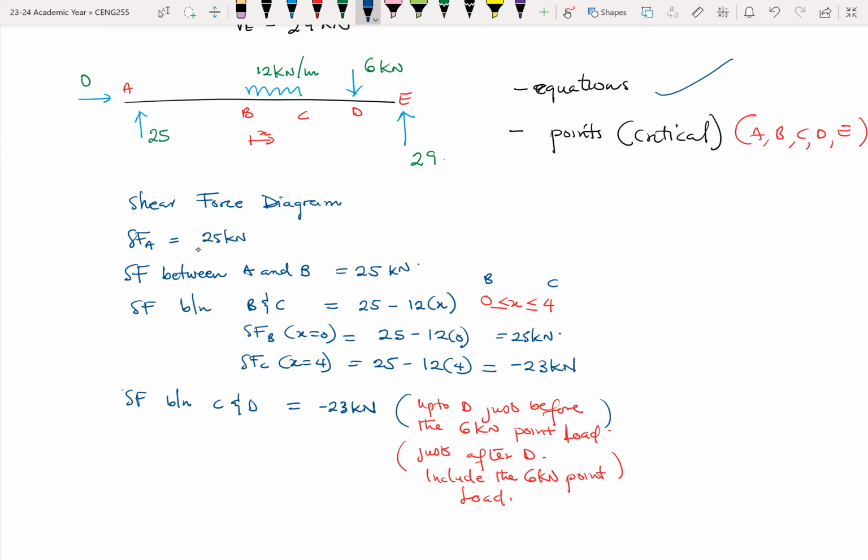So this is at D. This one is D before, and then D after. Let me just write that one first before I circle anything. It becomes minus 23 minus 6, and that'll give us minus 29 kilonewtons. Now I can circle, so this is D after.